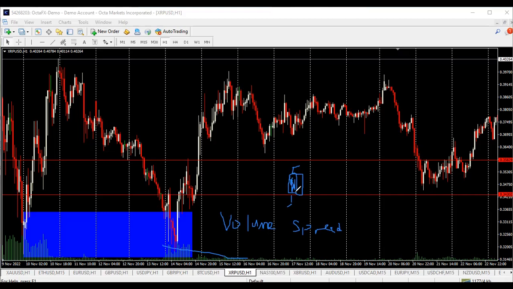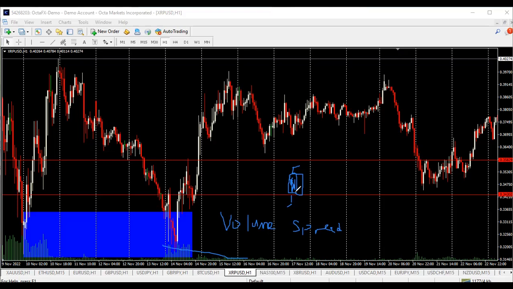When I'm looking at volume and spread divergence, the number one law of volume is this: high volume equals high spread, and high spread equals high volume. Low spread equals low volume, and low volume equals low spread.